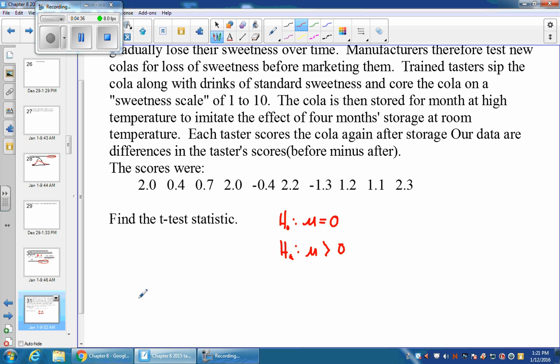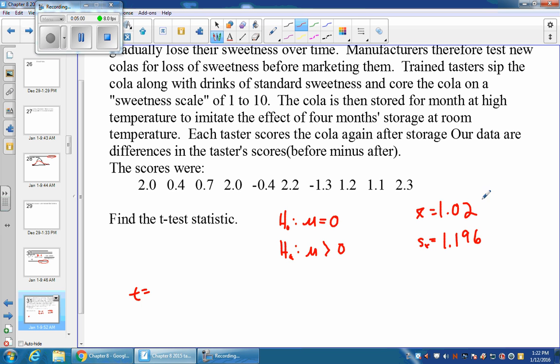So to find the test statistic, we take the average here. So you go to your calculator, type all of these in, and find the average. I got an x bar of 1.02 with a standard deviation of 1.196.